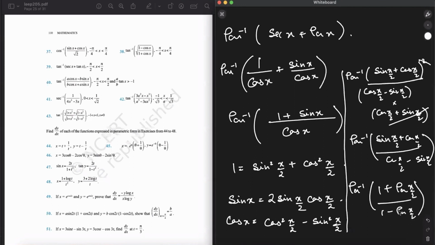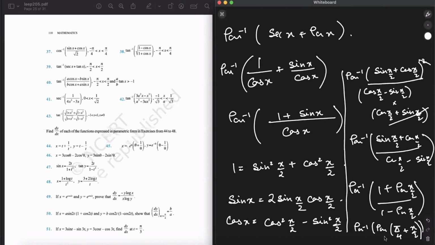If you can recall the formula, I can write 1 as tan pi by 4, so tan of pi by 4 plus x is tan pi by 4 plus tan x over 1 minus tan pi by 4 into tan x. So we can write it as tan inverse tan of pi by 4 plus x by 2.